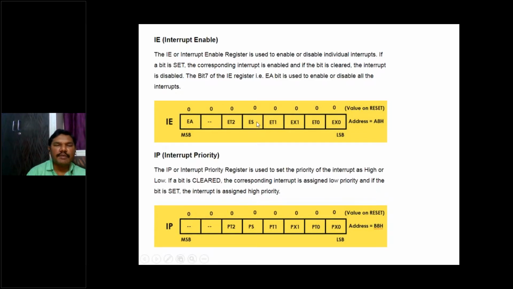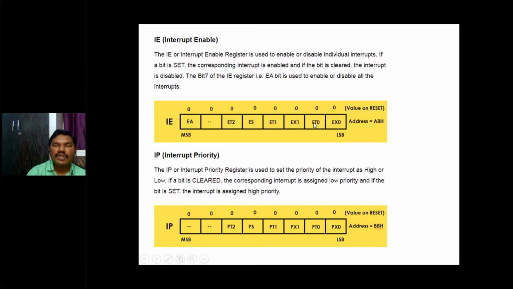ET2 means the 8052 IC has 3 timers: timer 0, timer 1, and timer 2. That will be enabled by using ET2, whereas the 8051 has only 2 timers, T0 and T1. So T0 and T1 can be enabled by setting these 2 bits.